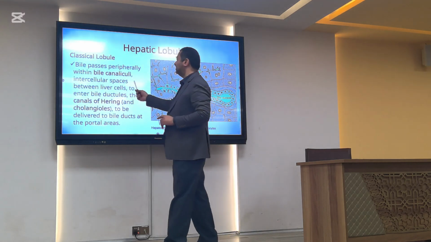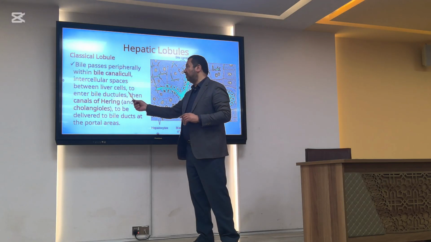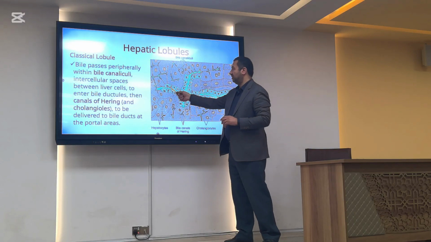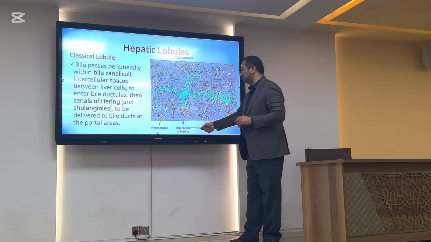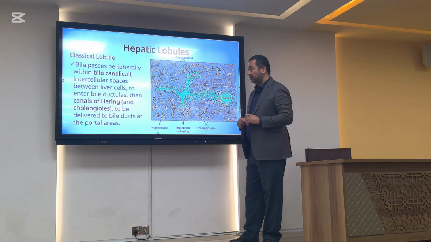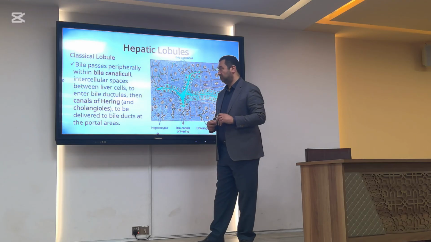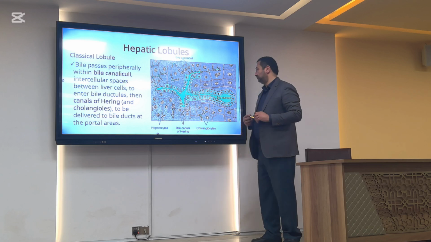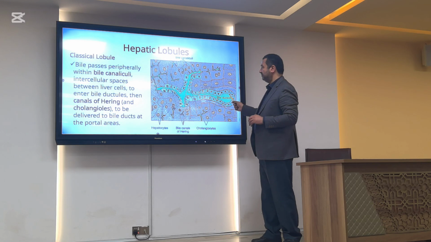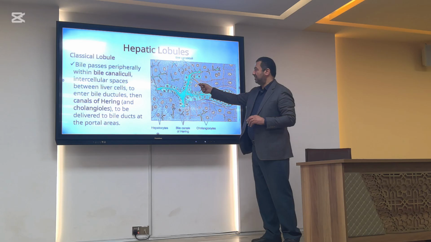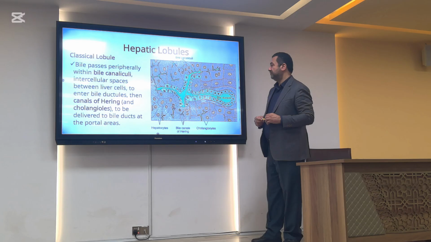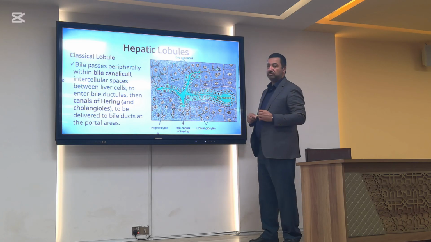Intercellular spaces between liver cells, hepatocytes, enter bile ductules, then canals of Hering. This canaliculus enters the bile canals of Hering, and cholangioles, to be delivered to bile ducts at the portal areas.